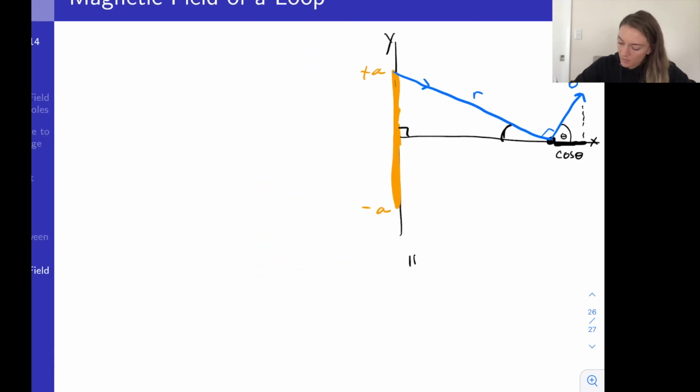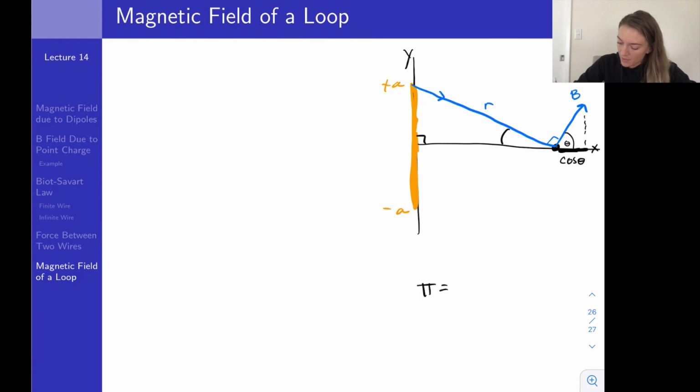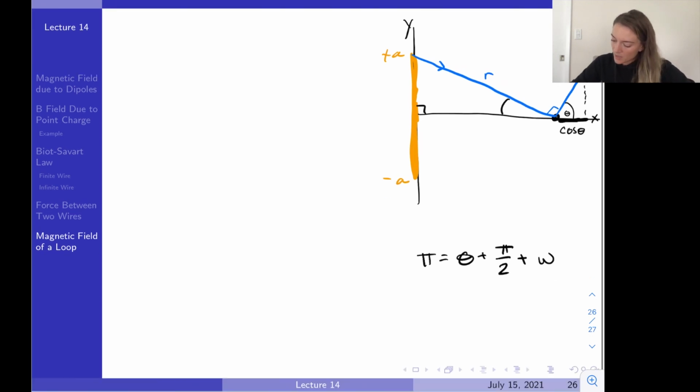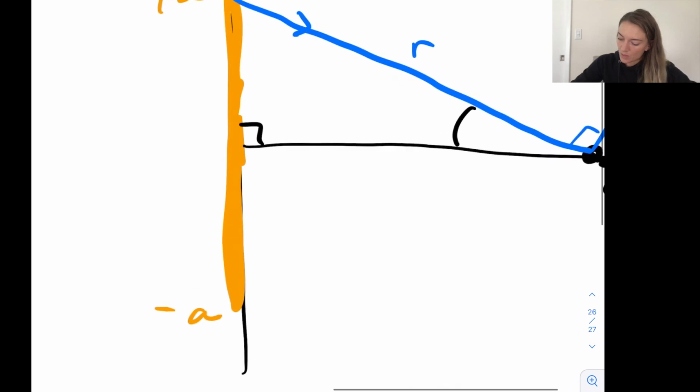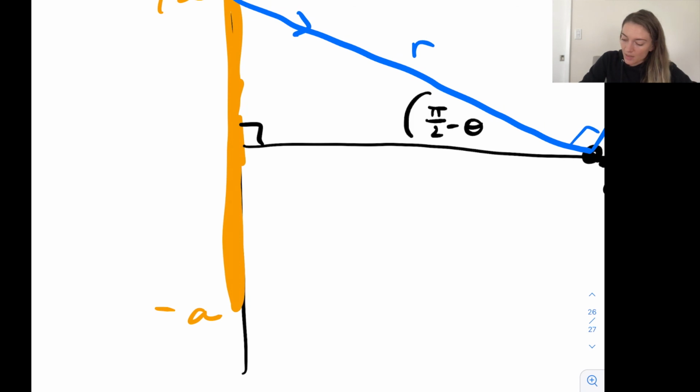We have pi for the straight line, so pi is equal to theta plus the pi over 2 from the right angle here, plus whatever this angle is, so I'll call that W. That means that unknown angle is equal to pi minus theta minus pi over 2, which gives us pi over 2 minus theta. So this angle here is pi over 2 minus theta.